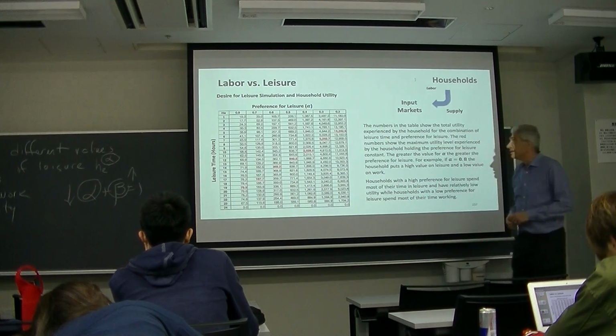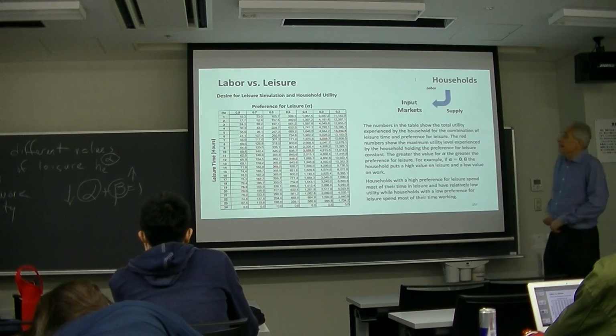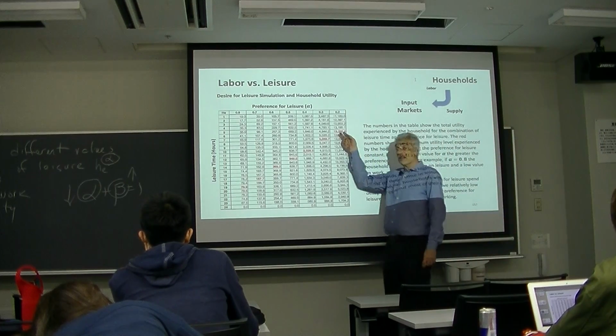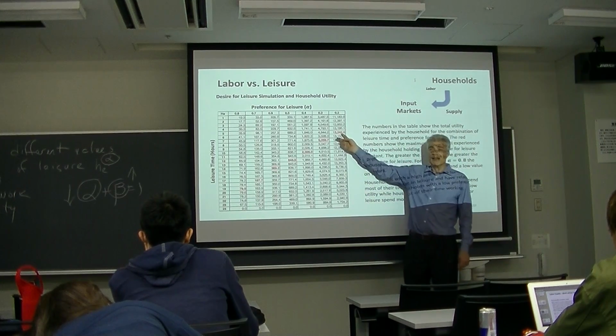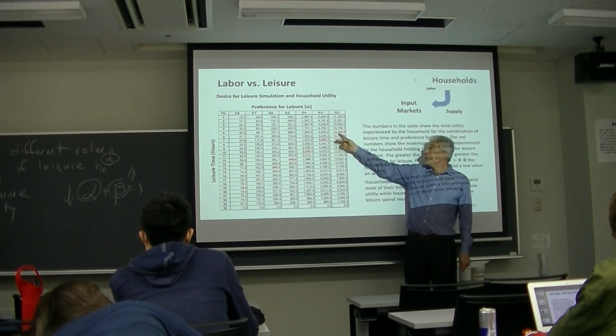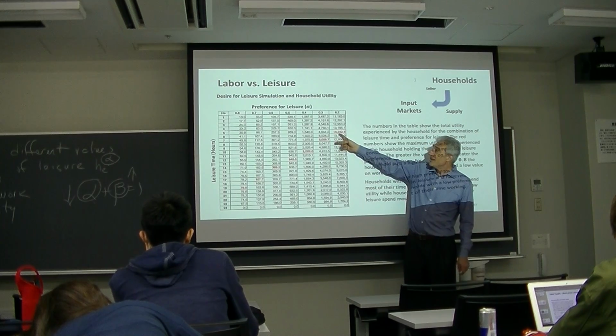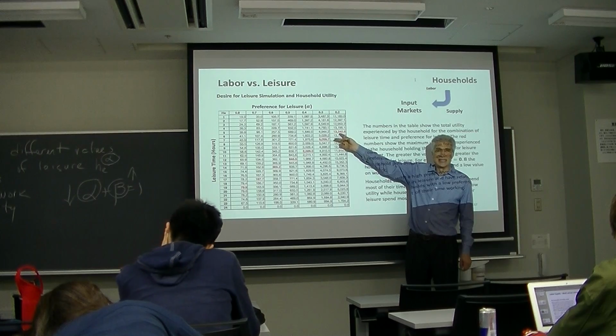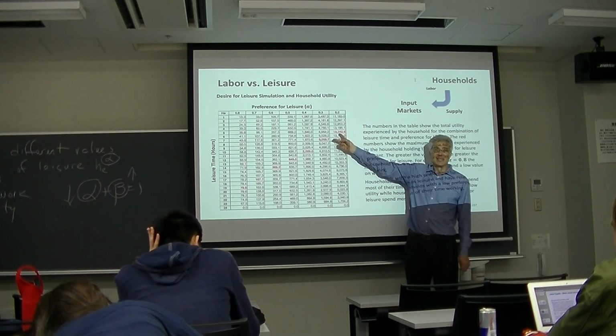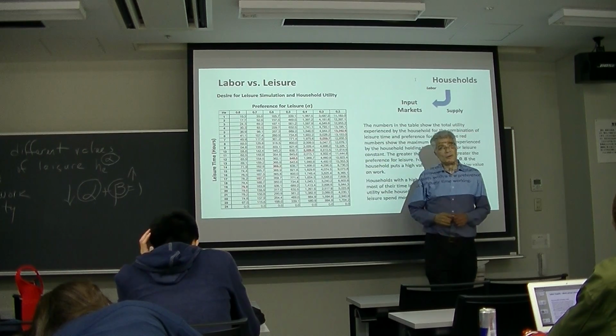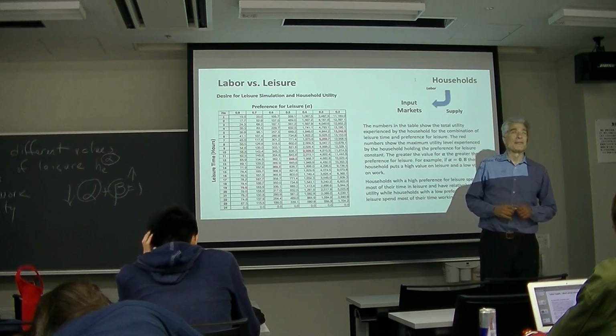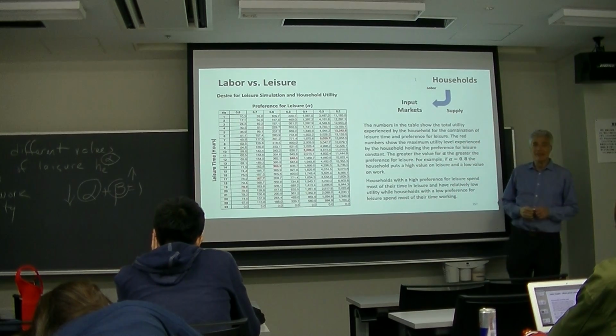Now let's look at the other end. Boy, they're going to work a lot. They're working 19 hours a day, hardly getting any sleep. They're getting a couple hours of sleep a night. But when they're off, they're living it up.